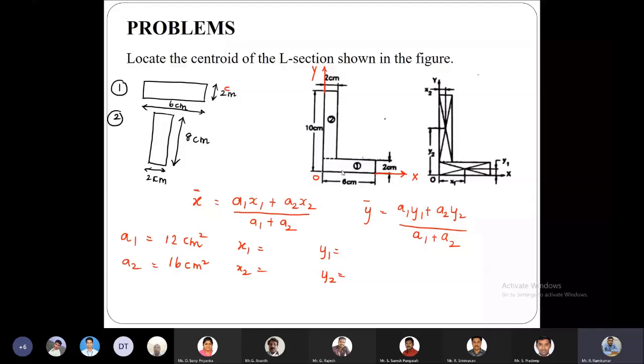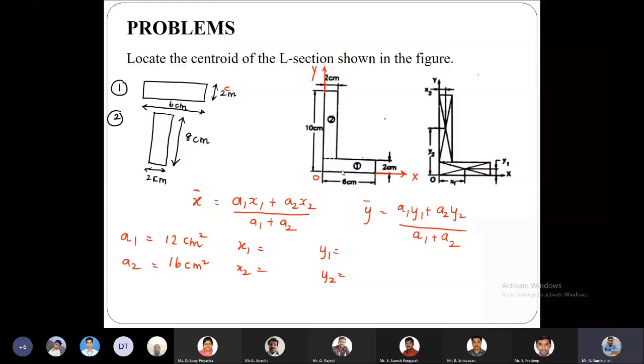So this is the center point. So here you are going to get the value as x2, and here it is going to be y2. For x2, we are going to use 2 divided by 2, because that's nothing but the L by 2 value. So L by 2, we get 1 centimeter.